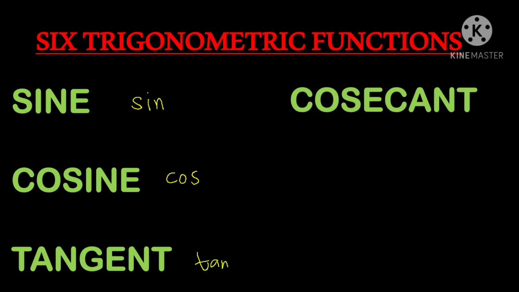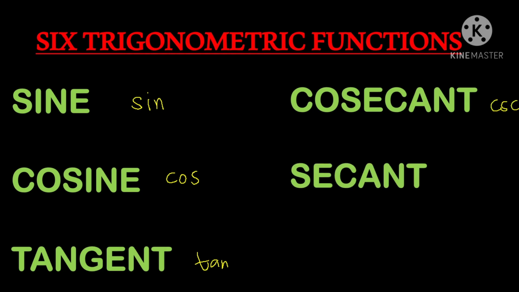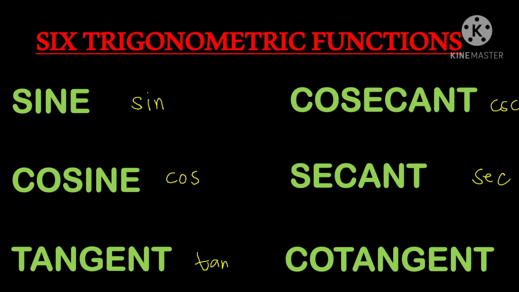And then, we have the cosecant, abbreviated as CSC. Next is the secant, abbreviated as SEC. And cotangent, abbreviated as COT. So, these are the 6 trigonometric functions in trigonometry.